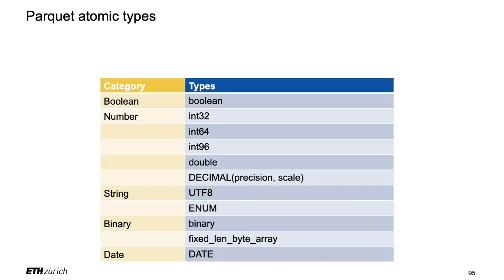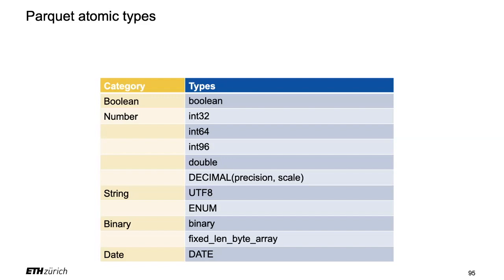This is the list of some of the available atomic types in Parquet. Does it feel familiar? It should. We've already seen that. An integer on 32 bits, an integer on 64 bits, double, decimals, strings, binaries. Of course, the names are not the same, but it's like you go to Zurich and hear a different name instead. It's just another way of naming things, but that should feel familiar.